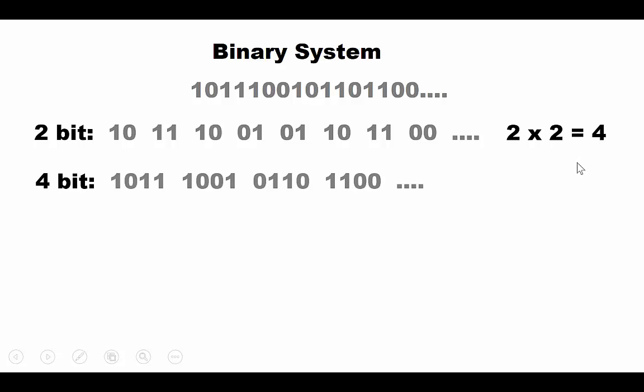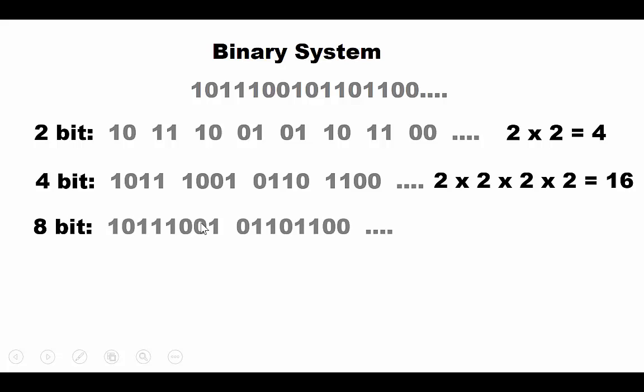If it's 4-bit, connecting 4 together, how much information can we store here? That is 2 by 2 by 2 by 2, so it can be 16. How about 8-bit? Then it is 16 by 16, that's 256.